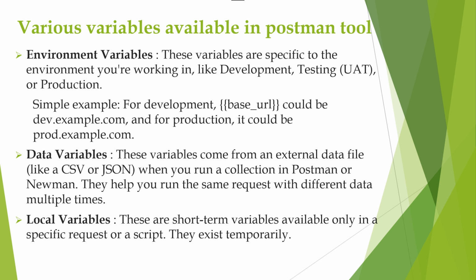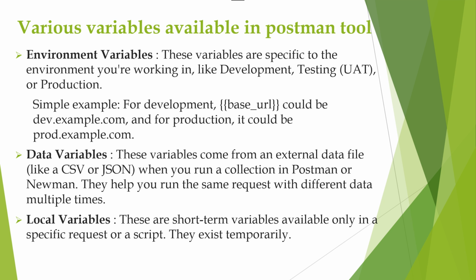Next is local variables. These local variables are temporary variables that are accessed in our request scripts. Local variables are scoped for a single request or a collection run, and they are no longer available when the run is complete. They are short-term variables available only in a specific request or a script.